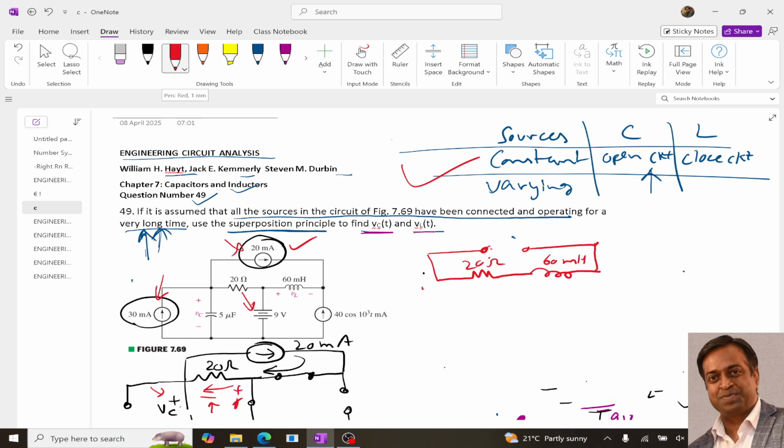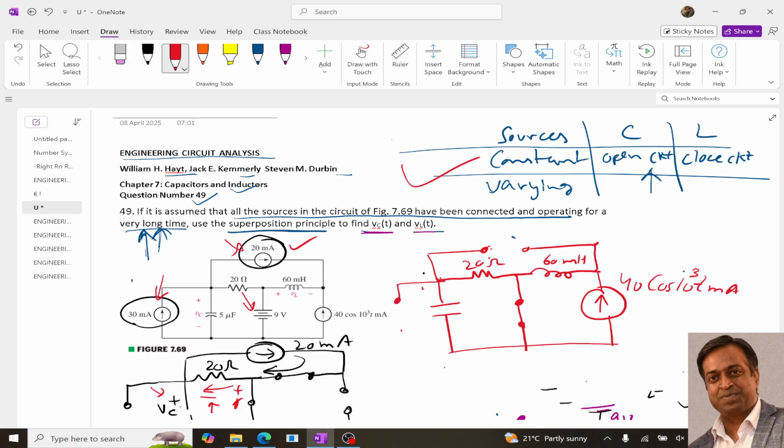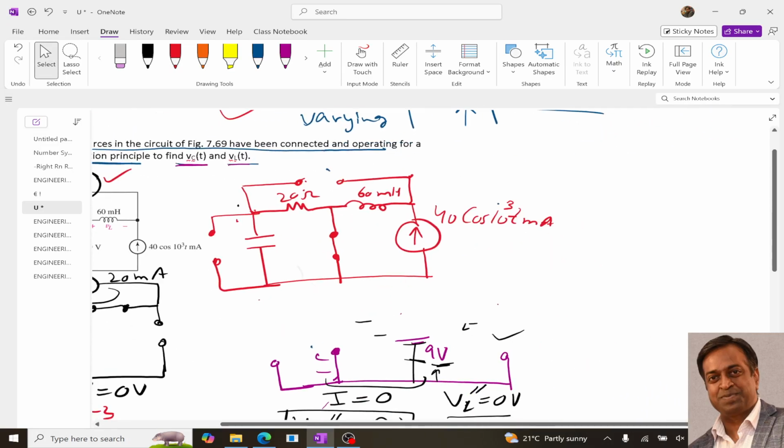Then over here we have a capacitor, then we have this which is short circuited, and this current source, which is 40 cos 10 power 3 t milliamperes, right? And over here this current source will be deactivated, meaning it will be replaced with an open circuit. So now we have this circuit, right?